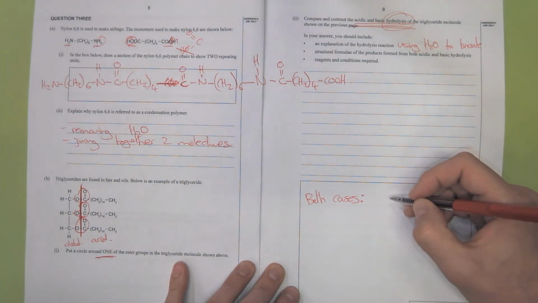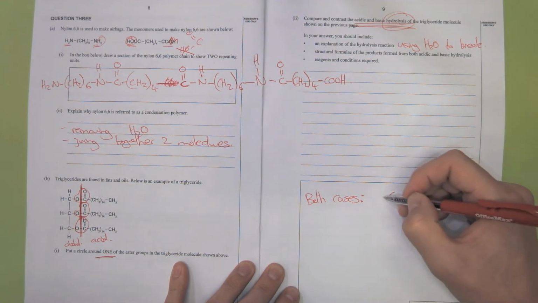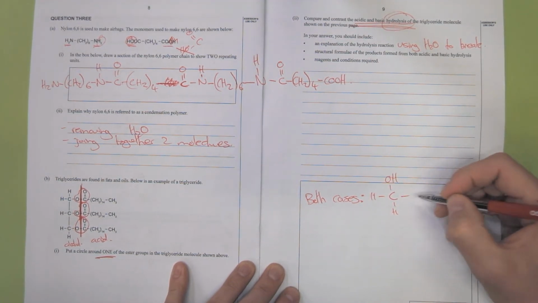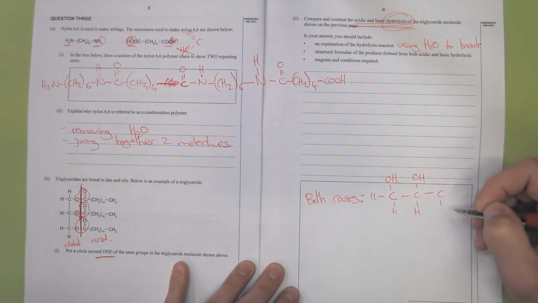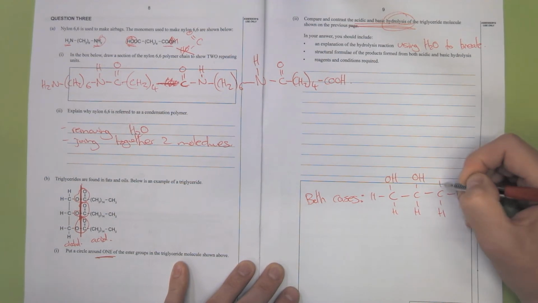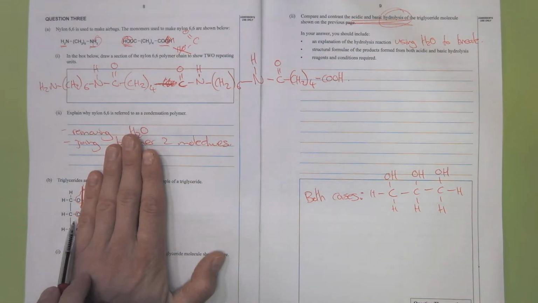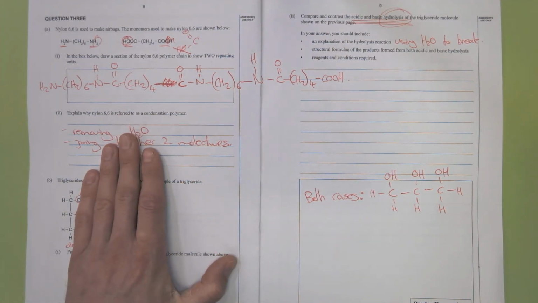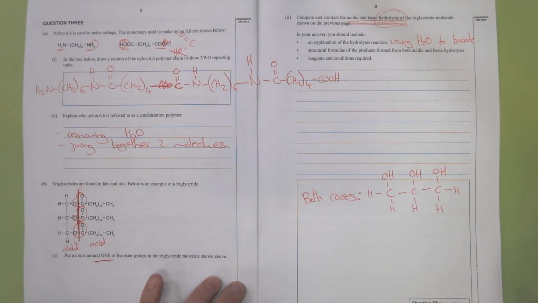It's going to be carbon, hydrogen, hydrogen, OH, carbon, hydrogen, OH, carbon, hydrogen, hydrogen, OH. Okay, so that is this molecule here when you hydrolyze it and break the ester bond. Okay, and you get a triol, and this one's called glycerol.